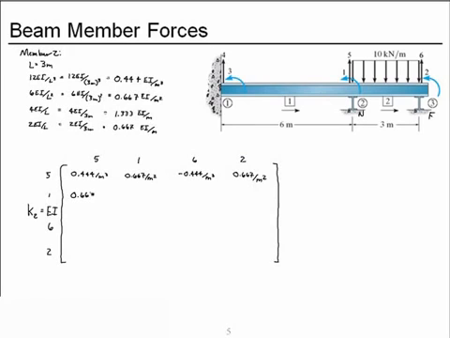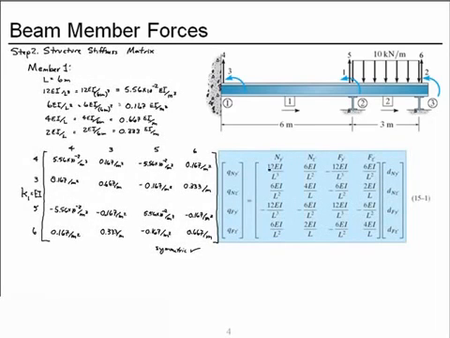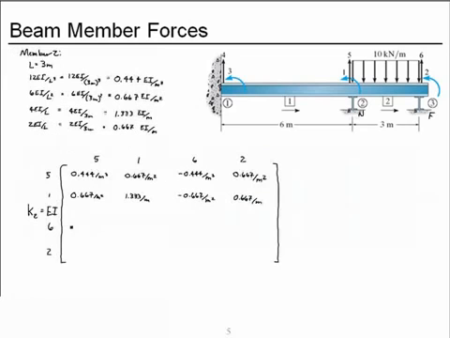So it's a 0.667 over meters squared, the 4EI over L, then the minus 6EI over L squared, and then the 2EI over L. Then the next row is identical to the first row, but all of the signs are reversed.